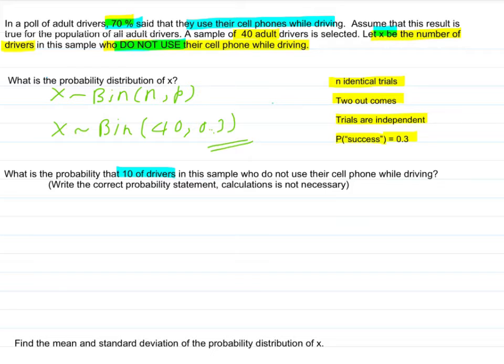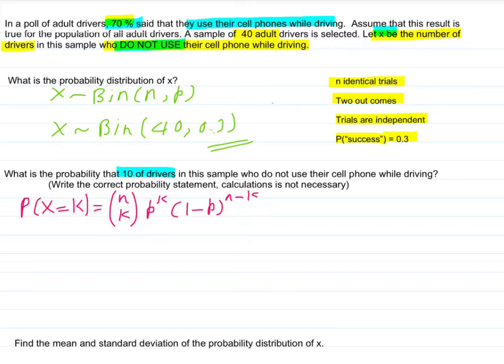What is the probability function? P(X = k) equals n choose k, times p to the k, where p is the success probability, times (1 minus p) to the n minus k.